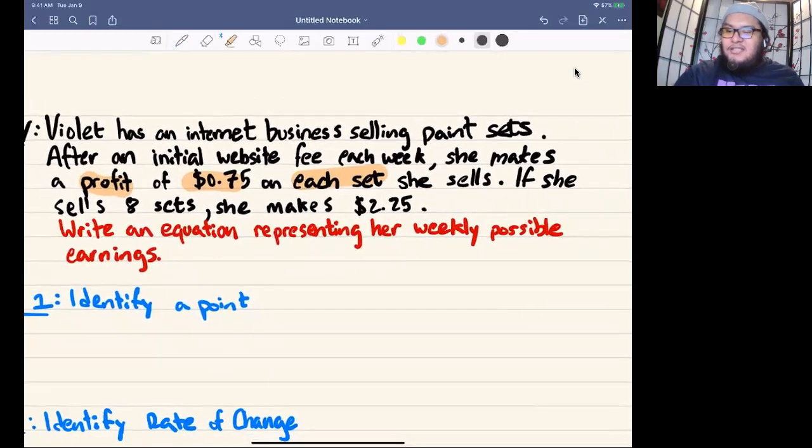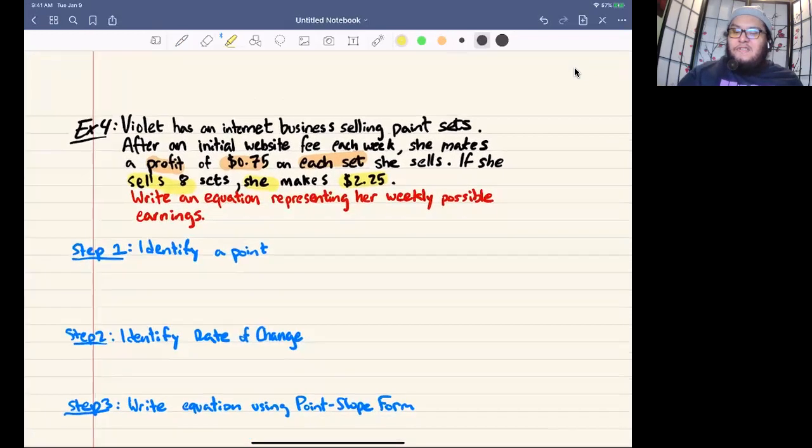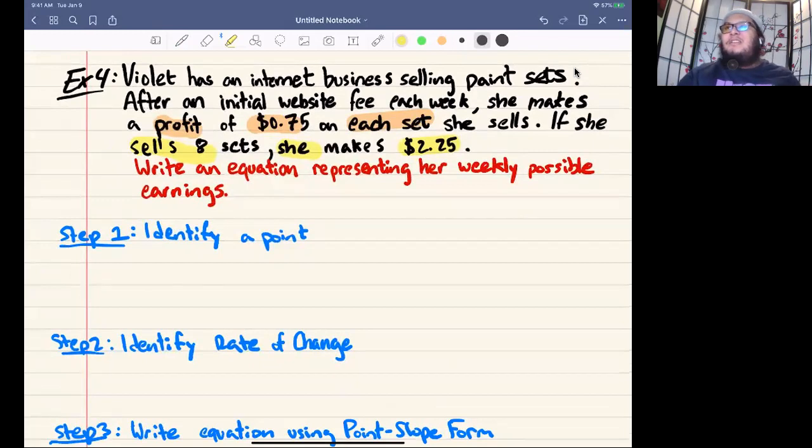If she sells 8 sets, she makes $2.25. So the first thing is we want to identify a point, and our point is the yellow highlighted area. If you look at all this information, it looks like a lot. Step 1 and step 2 can be interchangeable. But what looks like the dependent variable and what looks like the independent variable?